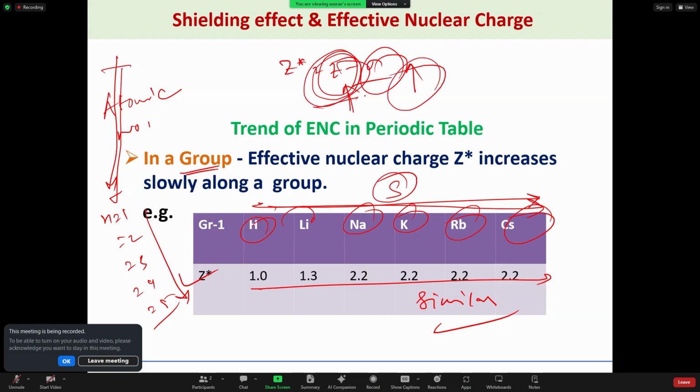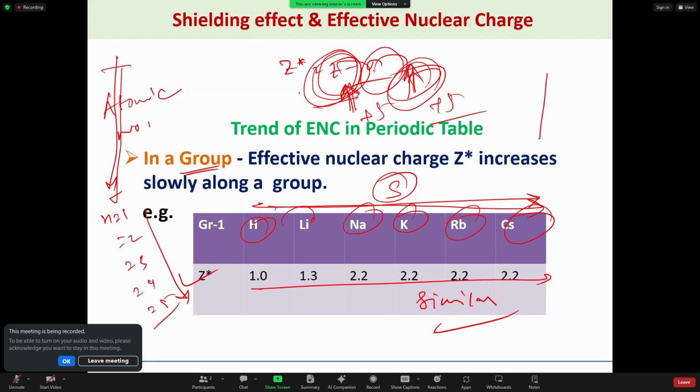When this value is increased by 5, then this value also increases by 5. So whatever the former value was, the present value will be the same. So there is no change of the effective nuclear charge in a group.